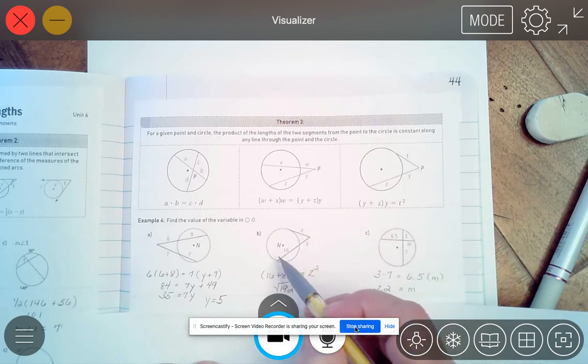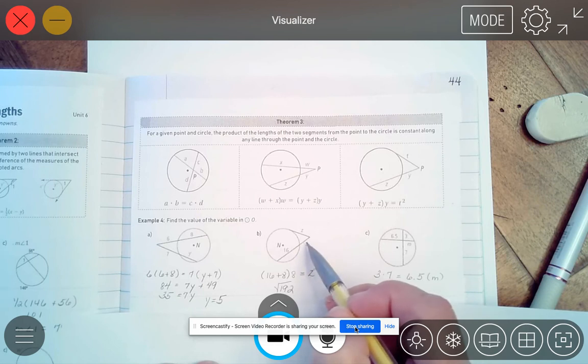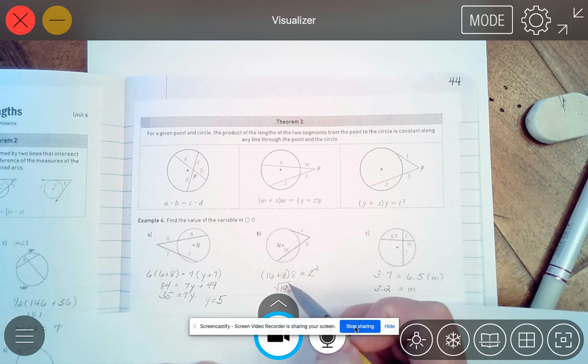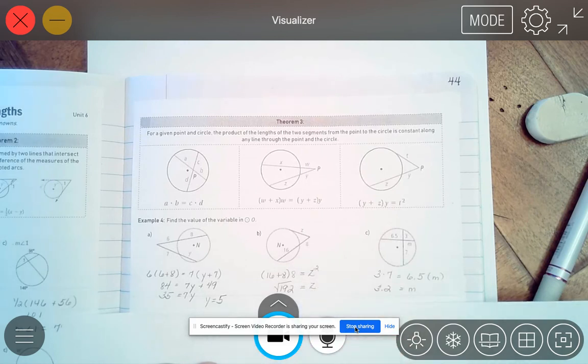So this tells me I can add 16 plus 8, multiply it by the part that's outside the circle, and that has to equal the tangent line squared, or Z squared. Do my calculation, and I get that Z has to be the square root of 192. And you can approximate that if you want to.